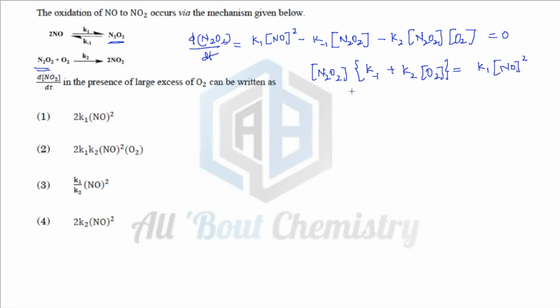So basically the value of [N2O2] is going to be k1 [NO]^2 divided by (k-1 + k2 [O2]). Okay, this is what I got. Let it be equation number 1.